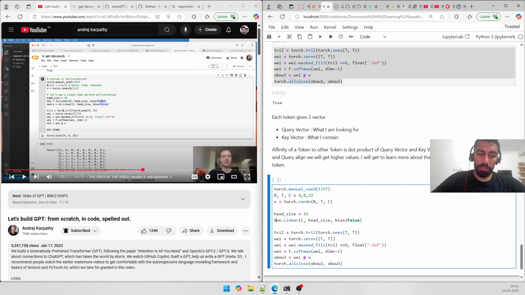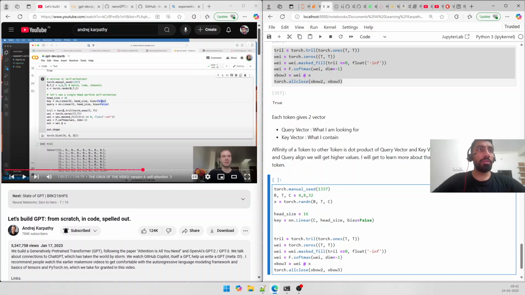This is key, and the same thing for query.